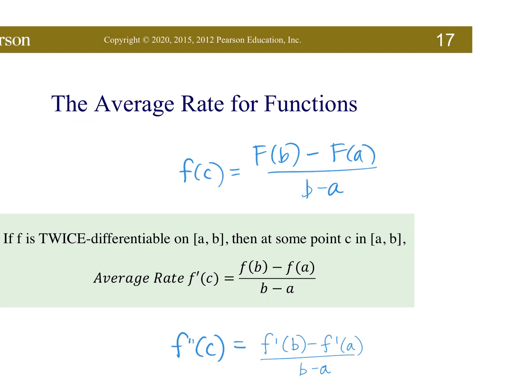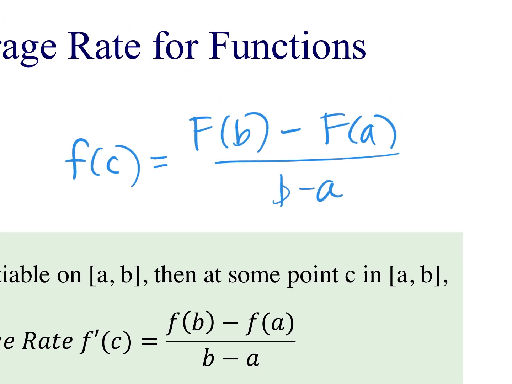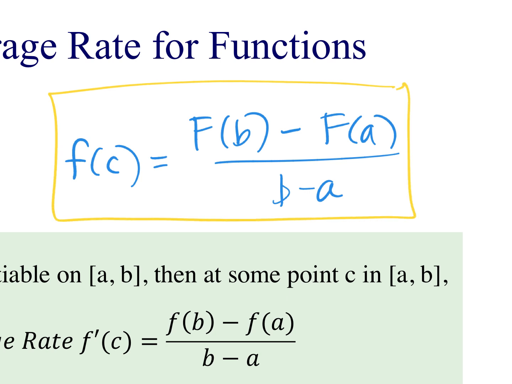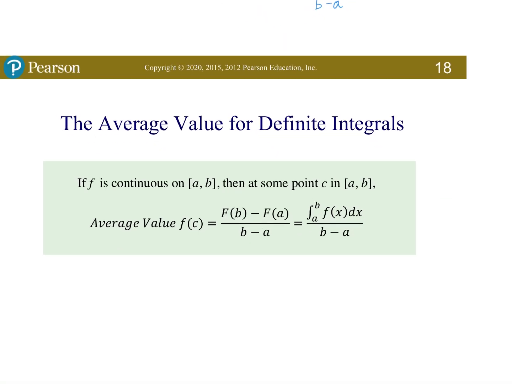All right, so this one has its own special name, and it is called the average value, as opposed to the average rate. It is called the average value. All right, so that's the next slide.